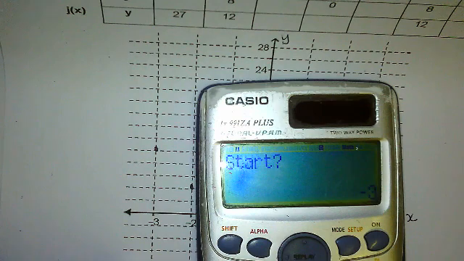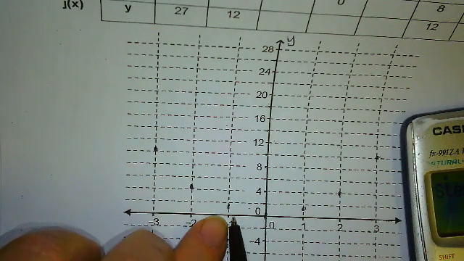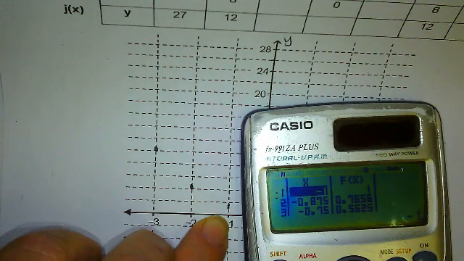Now I'm going to start with -1, right? I'm going to end with +1. But now I'm not going to count in ones. I'm going to count in, let's say, 0,125. Okay, 1/8. So my step is 0,125. So it's very small units I'm going to use.